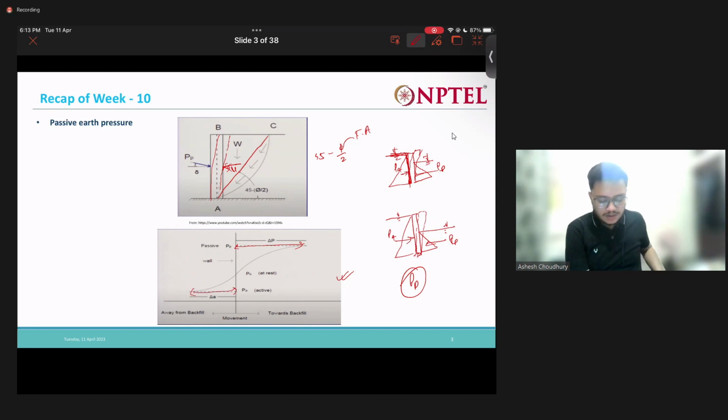In the active case you need a smaller amount of movement so that PA is completely mobilized. Now if you see here, this point is my earth pressure at rest, P naught. My passive pressure is higher than P naught, and my active pressure is less than the earth pressure at rest.